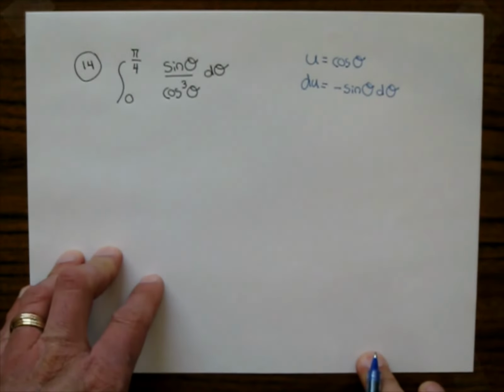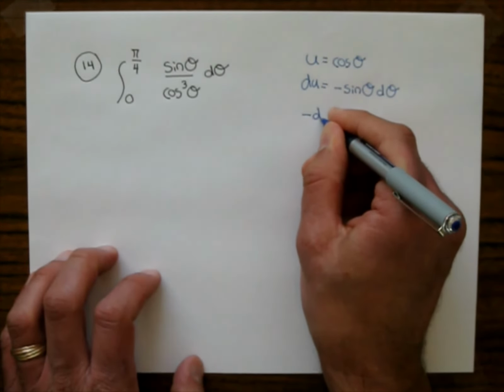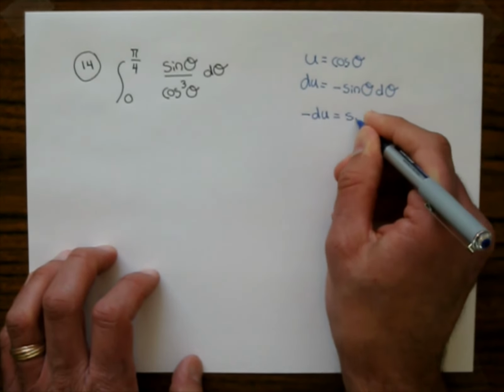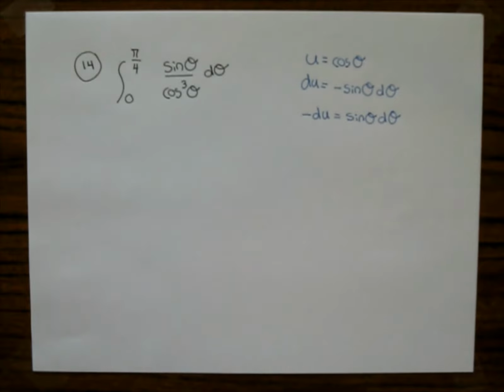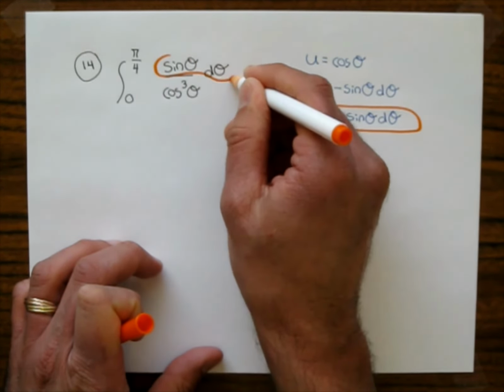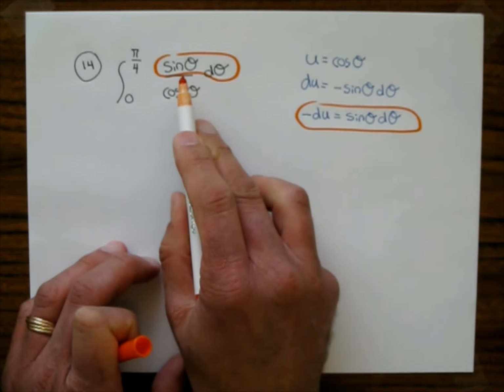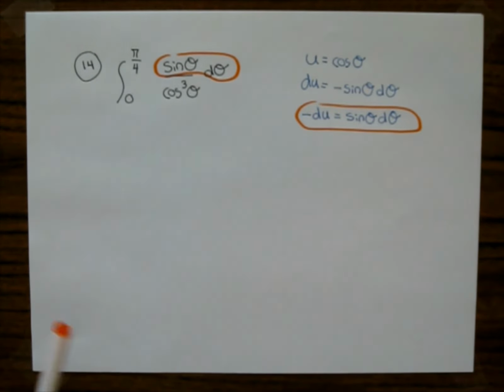I'm going to make sure the camera's still on. It is. And it looks like I have negative du equals sine theta d theta. So this guy right here is that guy right there, and then you have a u cubed on the bottom.